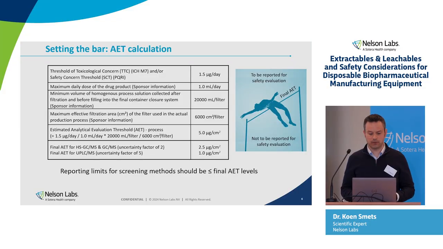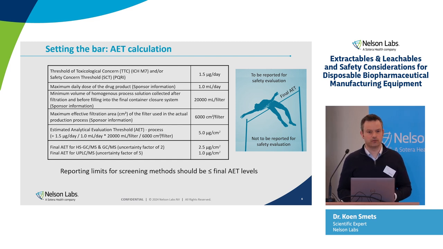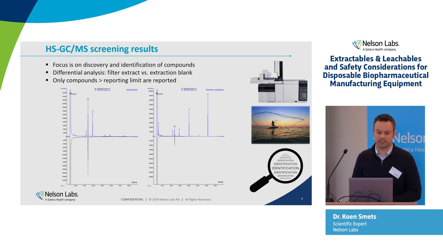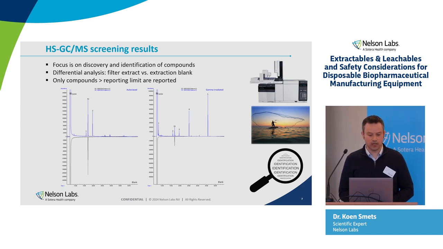And for the study, we have to make sure that the reporting limits are set below those final AET levels, just to make sure that we report all compounds that should be subjected to a safety evaluation. So first have a look at the Headspace GCMS screening results.